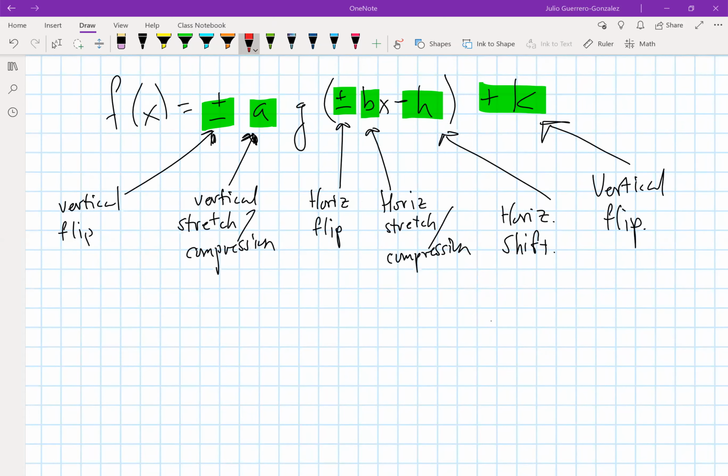So originally, the ones that we were looking at in the last chapter were particularly this one, this one, and this one, correct? So we only cared about the vertical flip, the vertical stretch or compression, shifting it left or right, and then moving it up and down, correct? So now we are going to add two more.